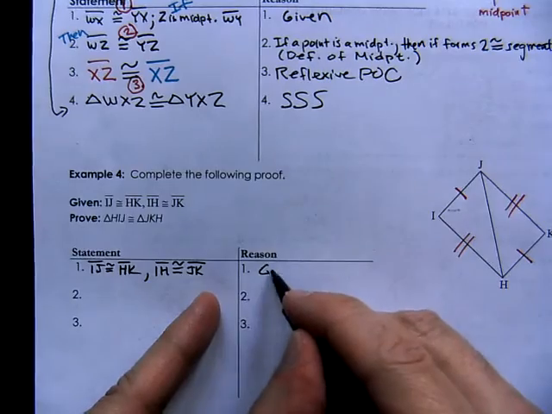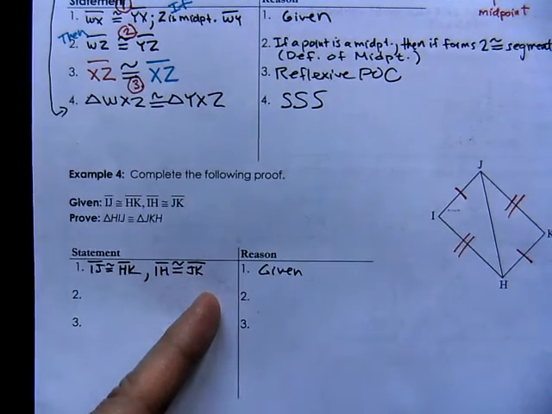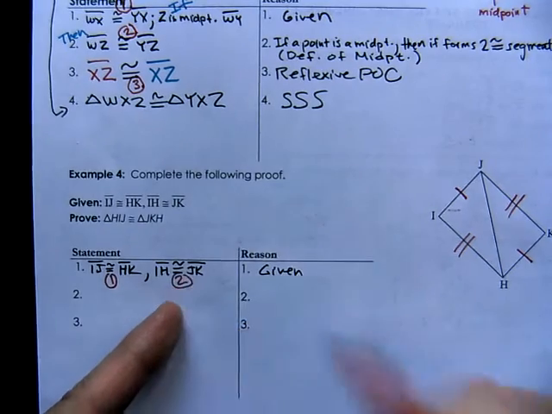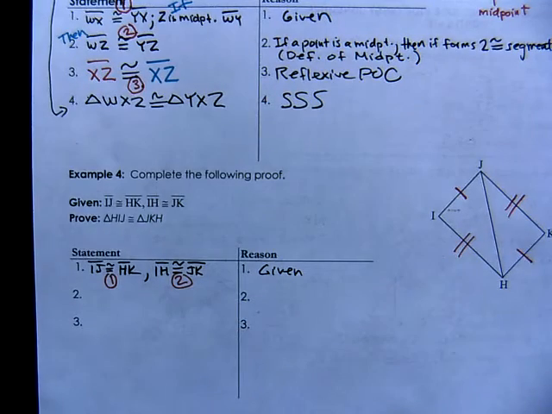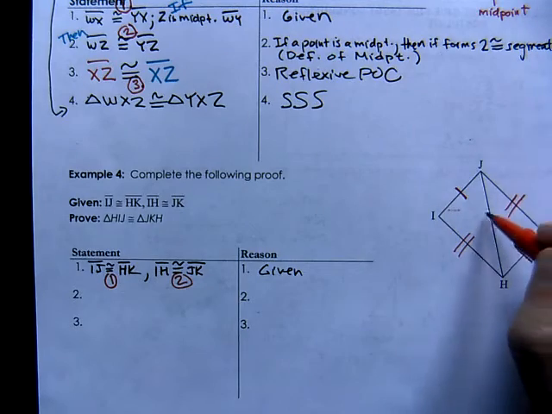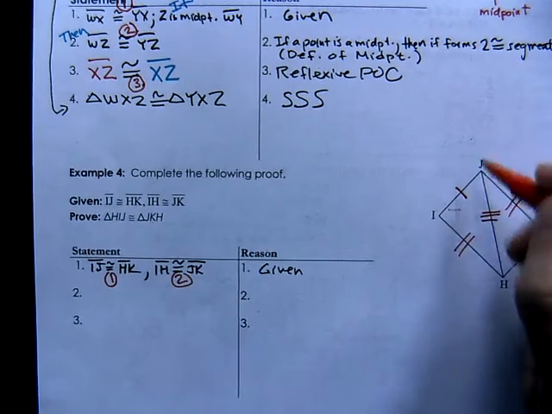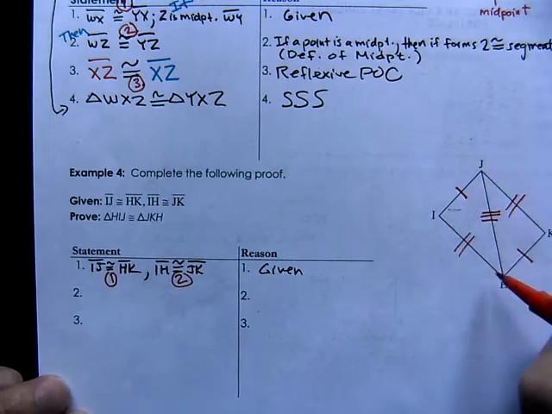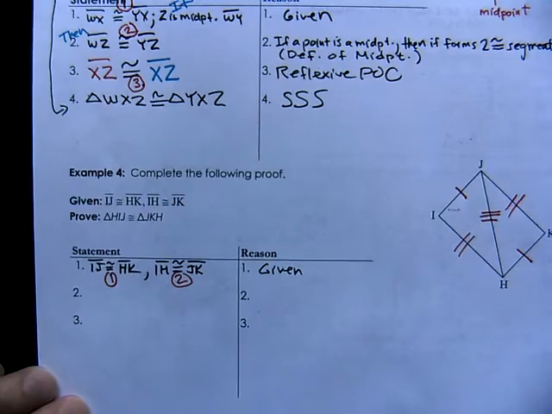Of course, that's given. Well, if you think about it, we have our first pair, there's our second pair. How many do we need? We need 3 pairs. There's the shared side. Anytime you have 2 triangles sharing a side, that's another pair of congruent parts.